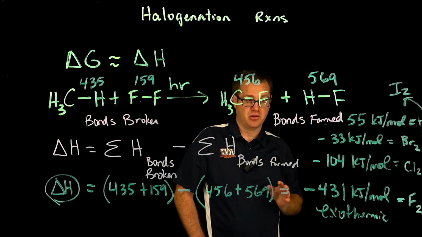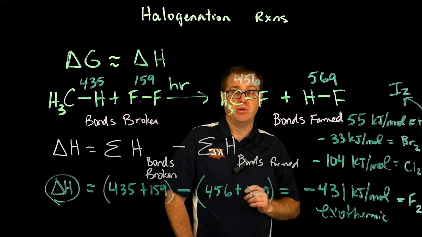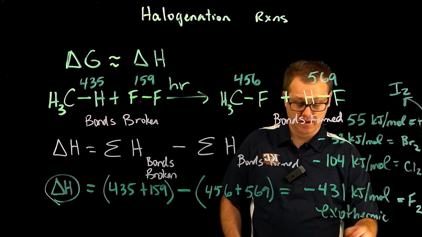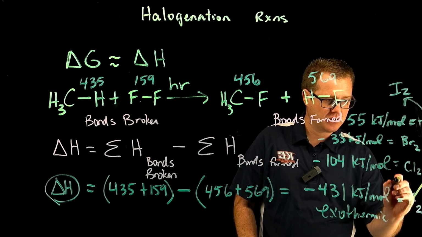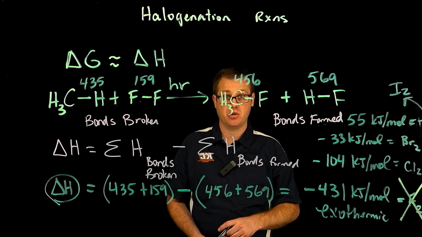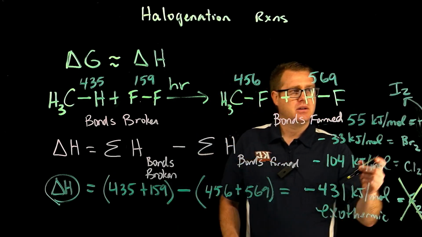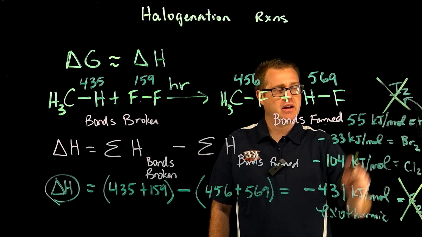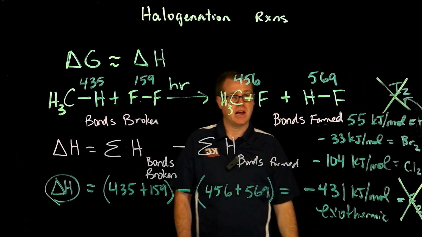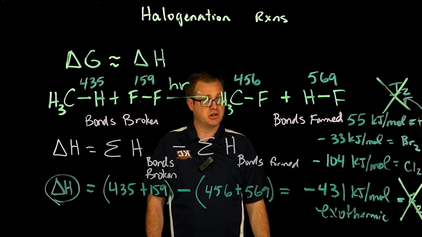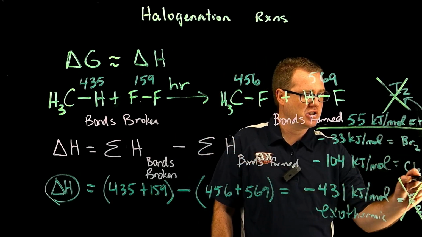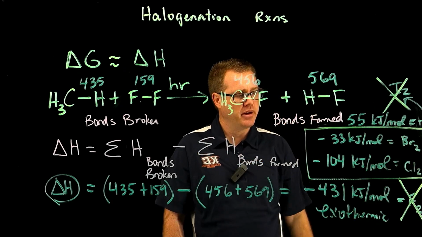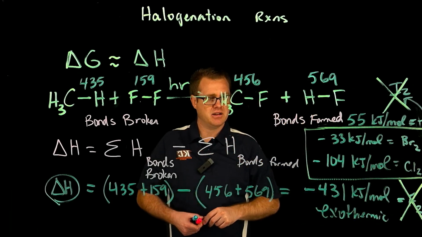So we don't do halogenations with fluorine. We just don't do it. So we can cancel it out because it's so reactive. We can also cancel out doing halogenations with iodine because that is just too darn slow. So it's really just these two halogens right here that we are going to use in halogenations.